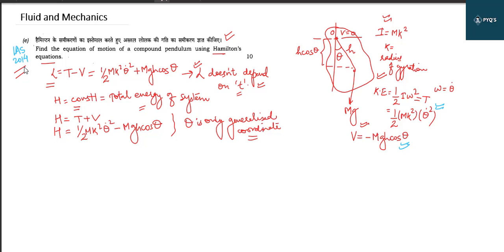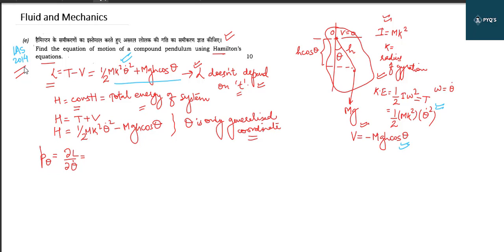So you know that theta is the only generalized coordinate, so the generalized component of momentum p theta we can write as partial differentiation of the Lagrangian with respect to theta dot. You can find the partial differentiation of the Lagrangian, then partial differentiation of this with respect to theta dot.